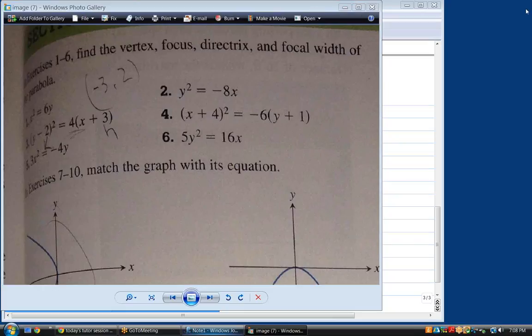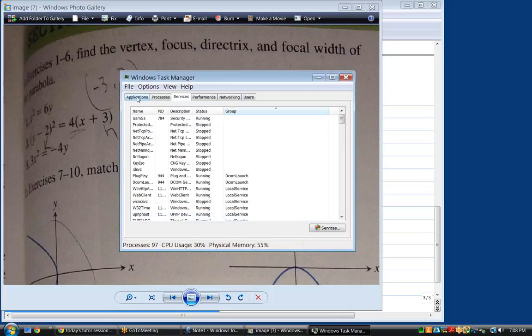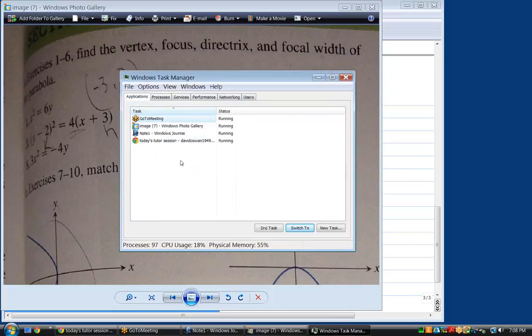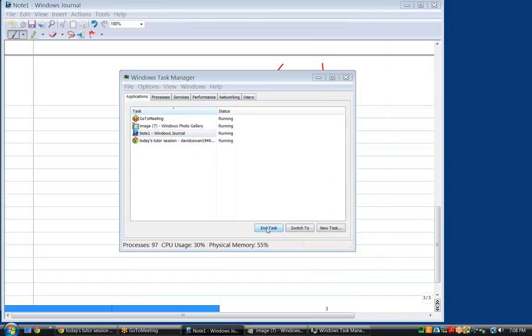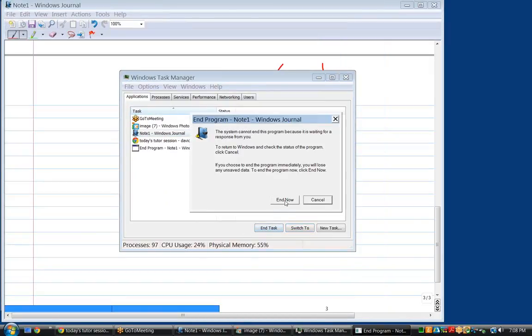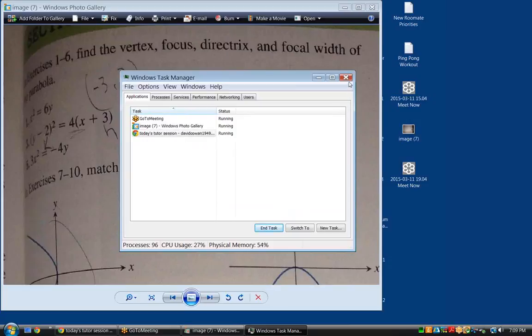I'm completely stuck and frozen here. Hold on a moment. Can you still hear me? Yeah. Let me see what happens if I can log out of something here and see if I can end this difficulty without having to reboot.